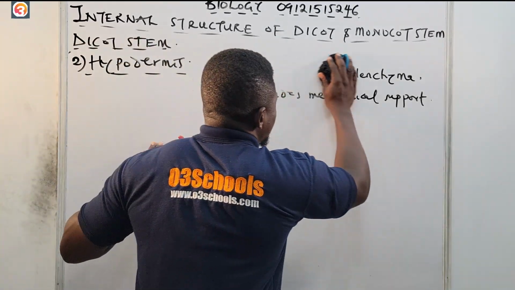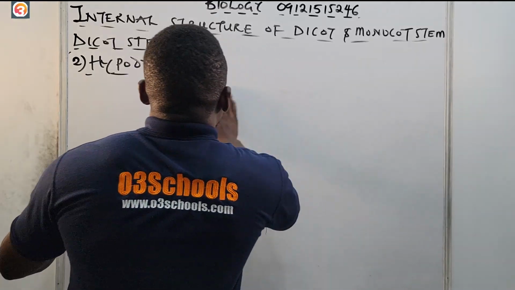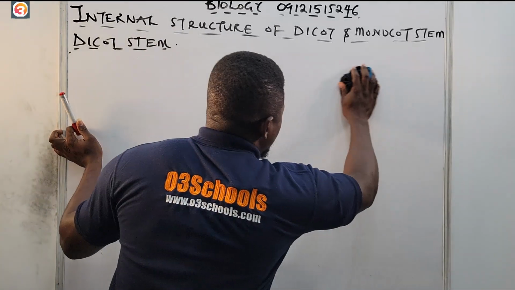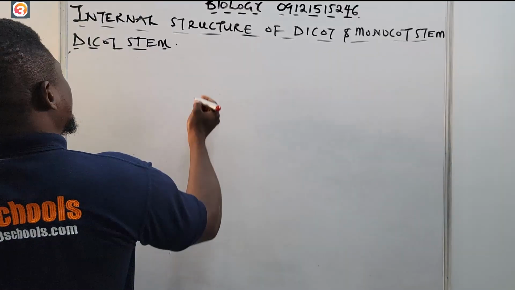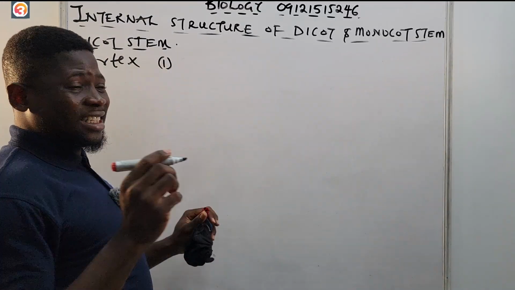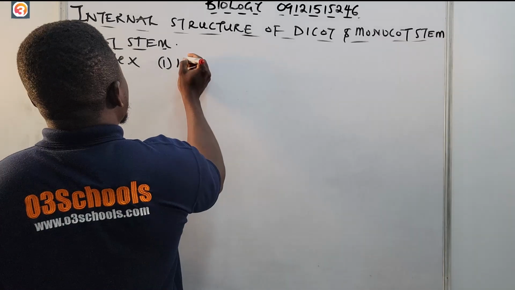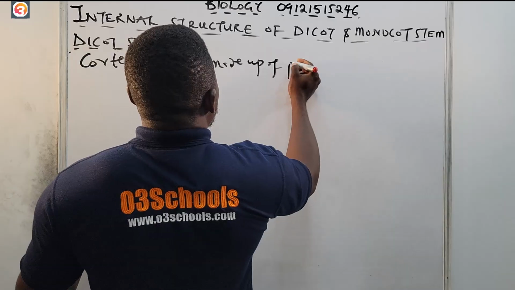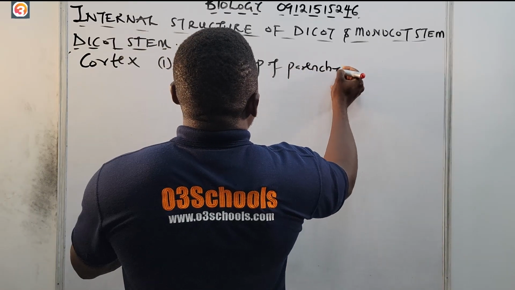So now let's look at the cortex. You know that the cortex is made up of parenchymatous cells.